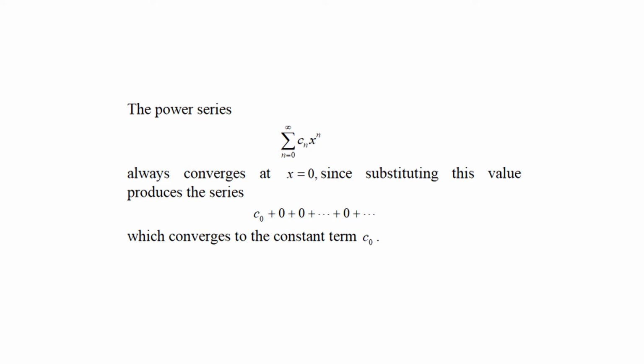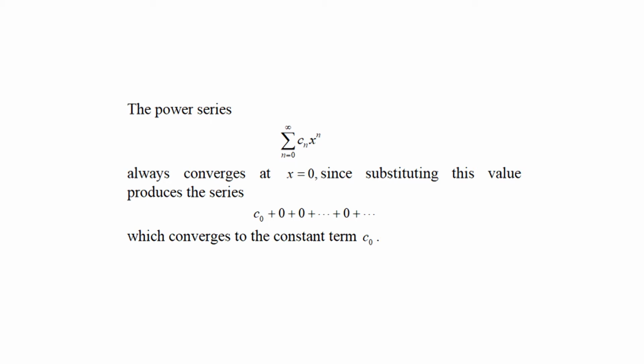So, the natural question is, for what values of x will a given power series converge? We first observe the following. The power series summation Cn x power n from 0 to infinity always converges at x equal to 0, since substituting this value produces the series C0 plus 0 plus 0 plus etc. plus 0 plus etc.